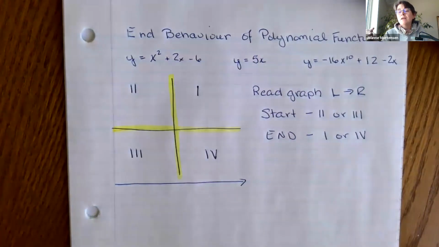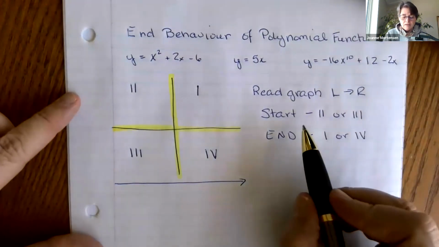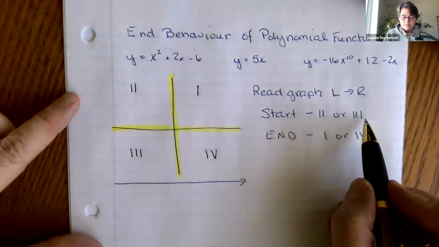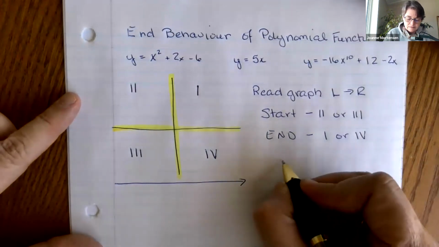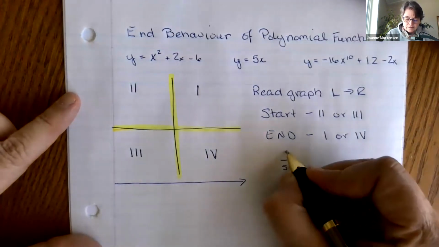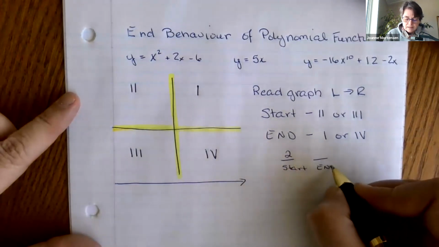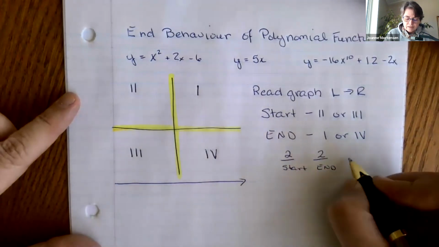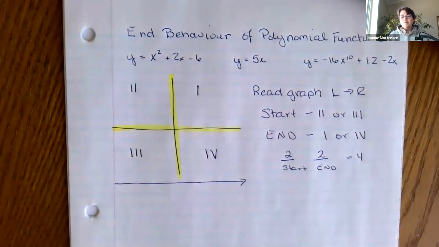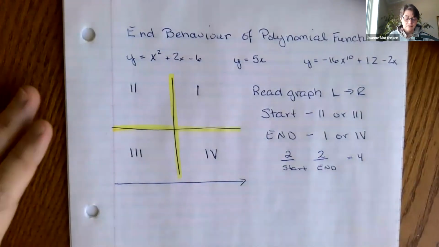I'm going to take you back for a moment to your fundamental counting principle. If there are 2 places that it can start, and then we have to figure out where it's going to end, and there's only 2 choices there, there's only 4 possible combinations, right? That's it. You can handle 4 things.